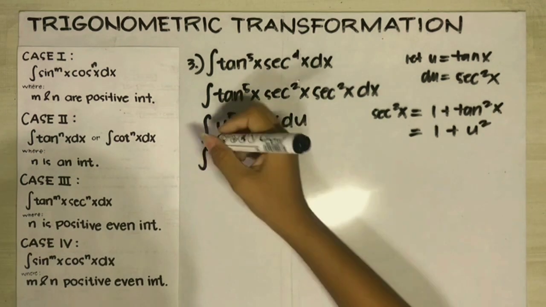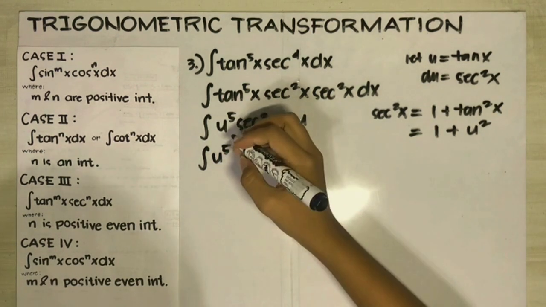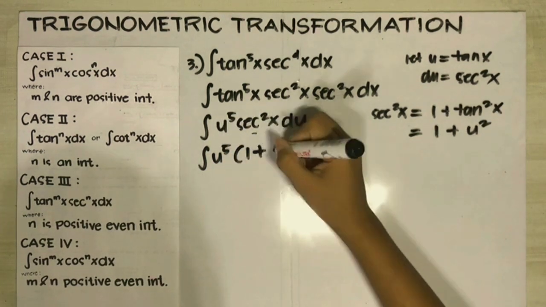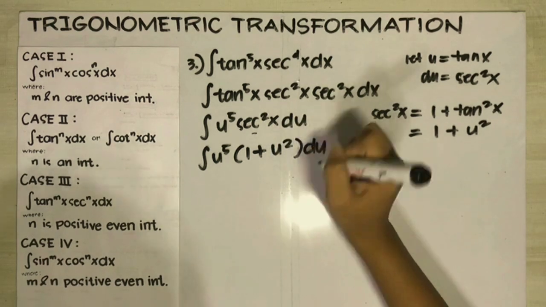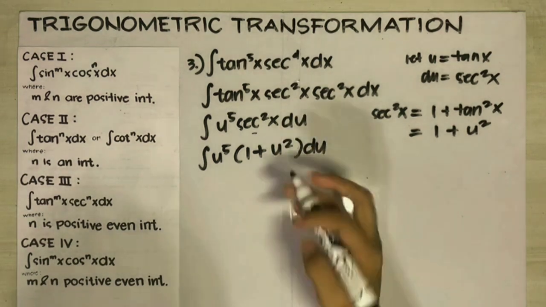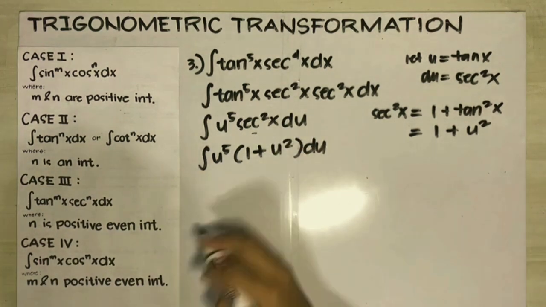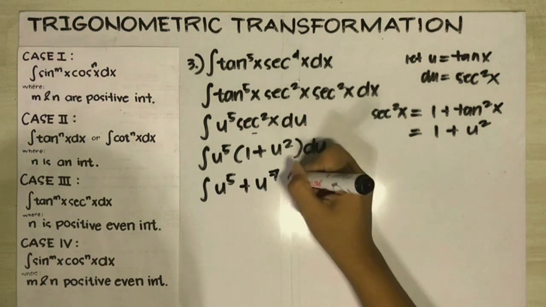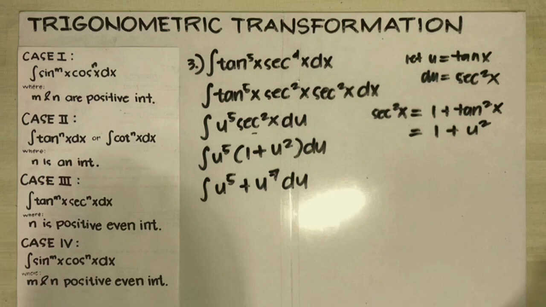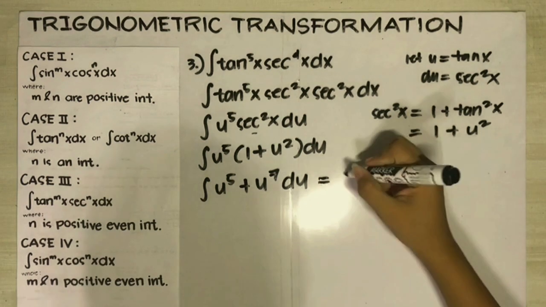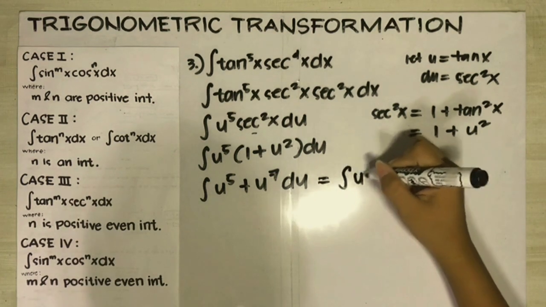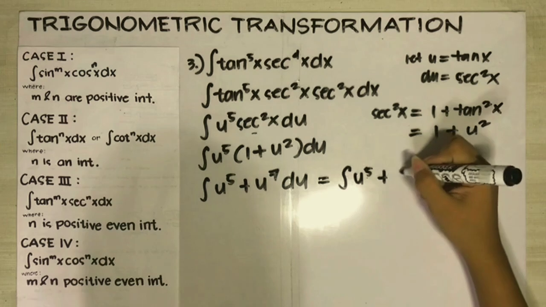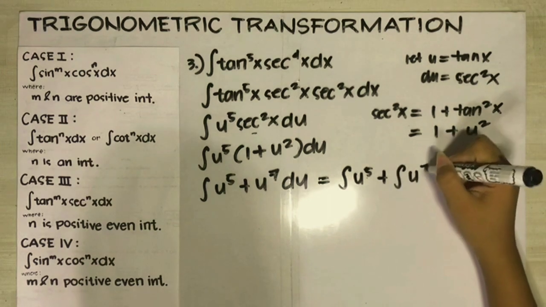The integral of u to the fifth power times 1 plus u squared du. And we multiply this, so the integral of u to the fifth power plus u to the seventh power du is equal to the integral of u to the fifth power plus the integral of u to the seventh power.